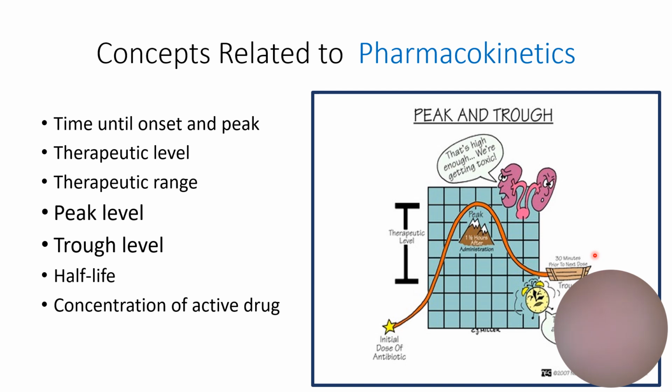Concentration of active drug: the effectiveness of a medication depends ultimately on its concentration at the intended site. And just remember, a lot of drug reactions, or sometimes even adverse events, can be dose related, so it just makes sense that it's always a good rule of thumb to start low and slow, right?